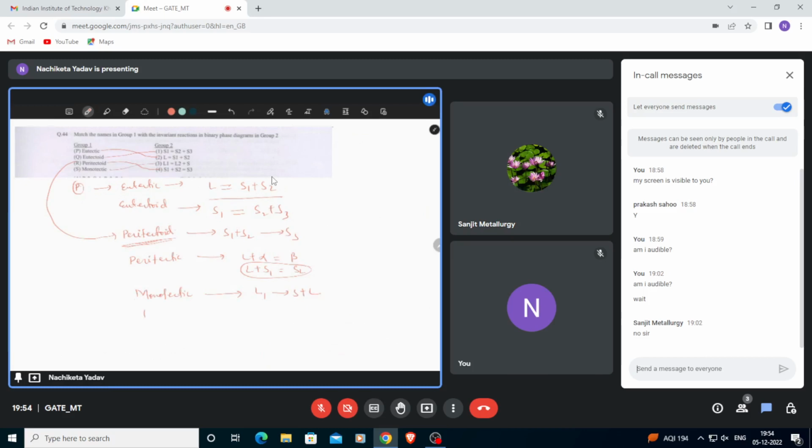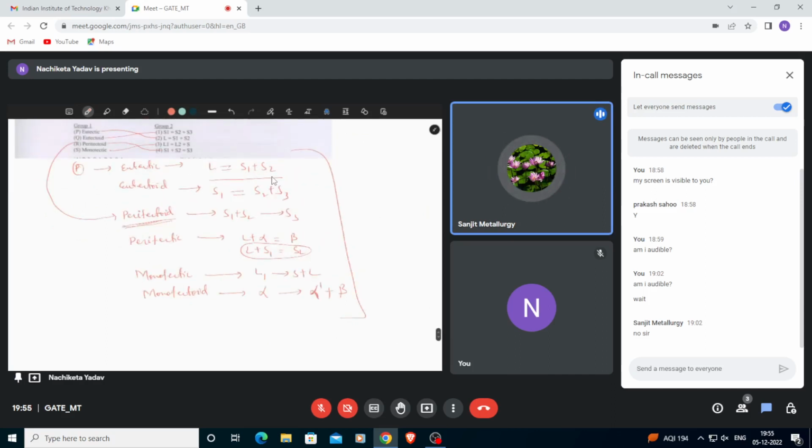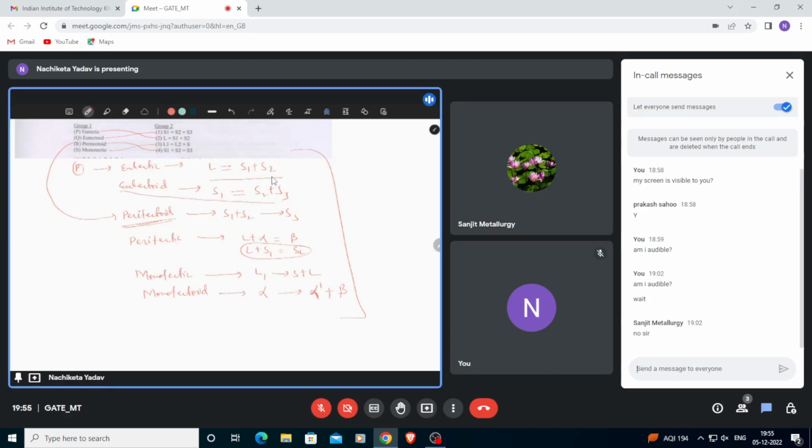And what is monotectoid? Alpha, suppose it changes from one solid to another solid with different composition, plus this is beta. Is it okay? See, in eutectoid, we get two different solids with different composition.